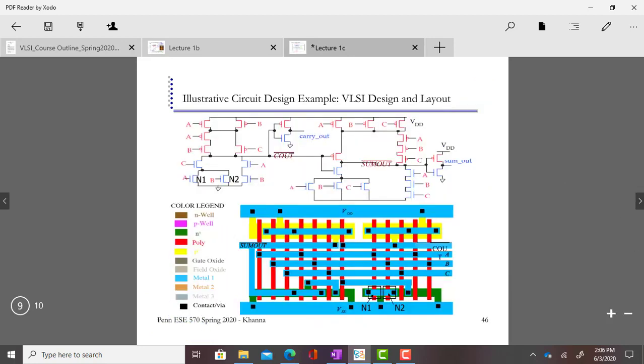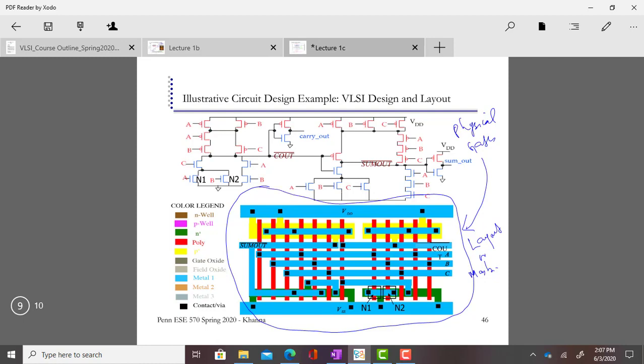So the next step is this: you have the physical gates and you map them to a layout or mask. You see, this is the mask. It's a very colorful image, and on the left you see there are different kinds of legends: N-well, P-well, N+, poly, gate oxide, field oxide, metal 1, metal 2, metal 3, contact.